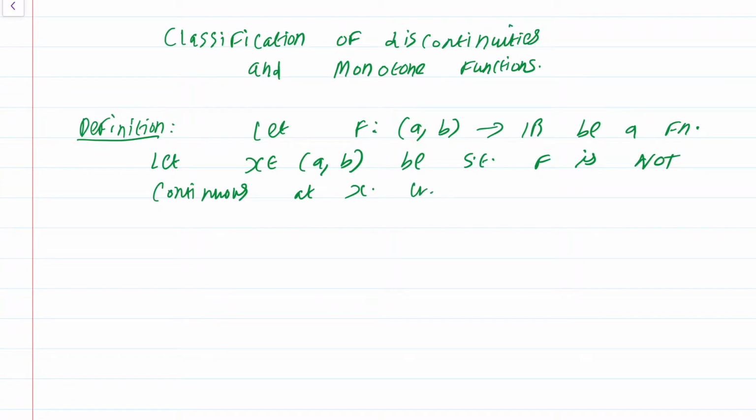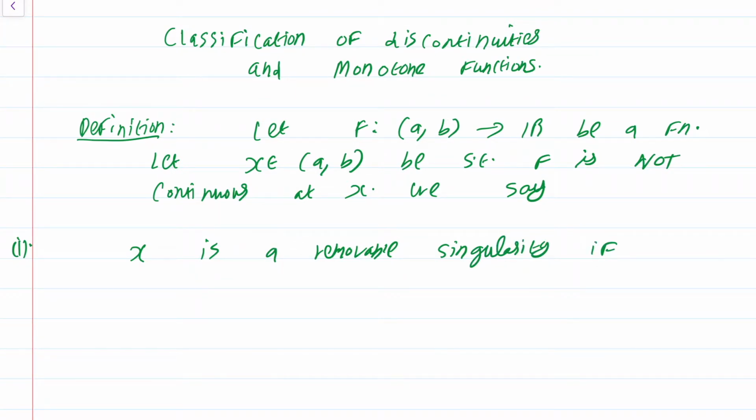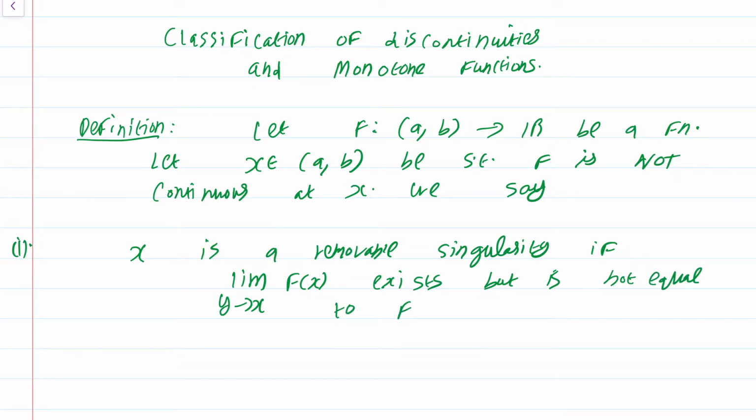We say, number one, x is a removable singularity if the limit as y tends to x of f(y) exists but is not equal to f(x). That means the limit value exists.